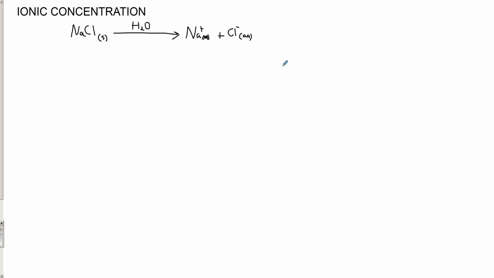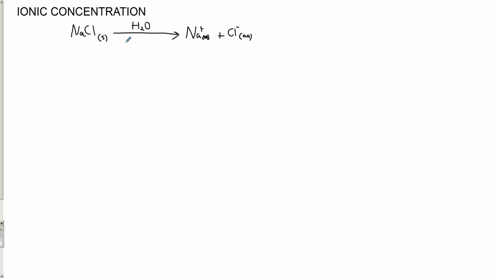Ionic concentration means the actual moles per liter of each type of ion in a solution. So if you notice in this dissociation equation, we're adding a solute, NaCl solid, to water, and we are forming aqueous ions.